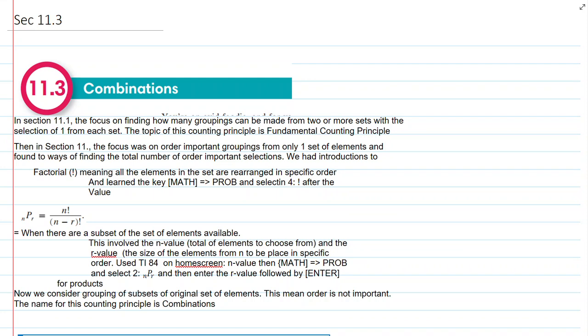Now we're in section 11.3. Prior to this, we talked about permutations where order is important.